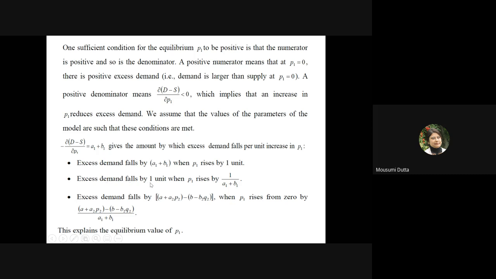Excess demand falls by 1 unit when P1 rises by this unit. So, excess demand falls by A plus A2P2 minus (B minus B2Q2) when price P1 rises from 0 to (A plus A2P2 minus B minus B2Q2) by (A1 plus B1).